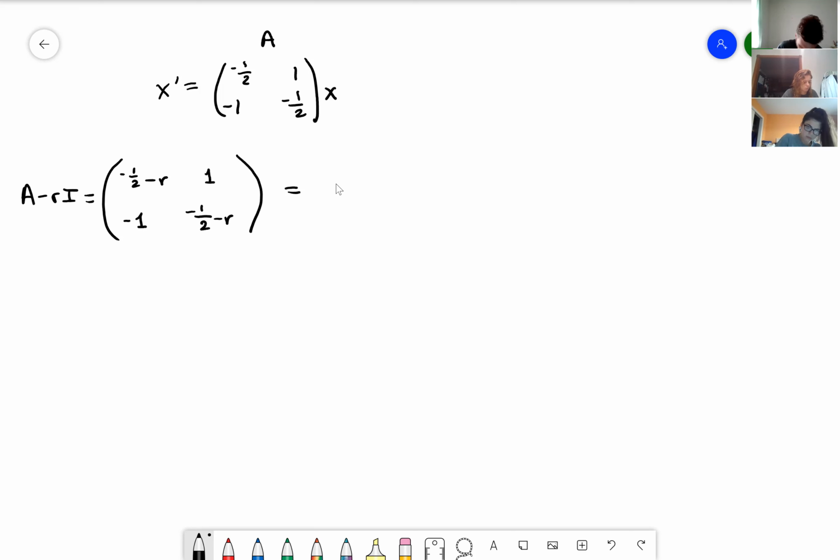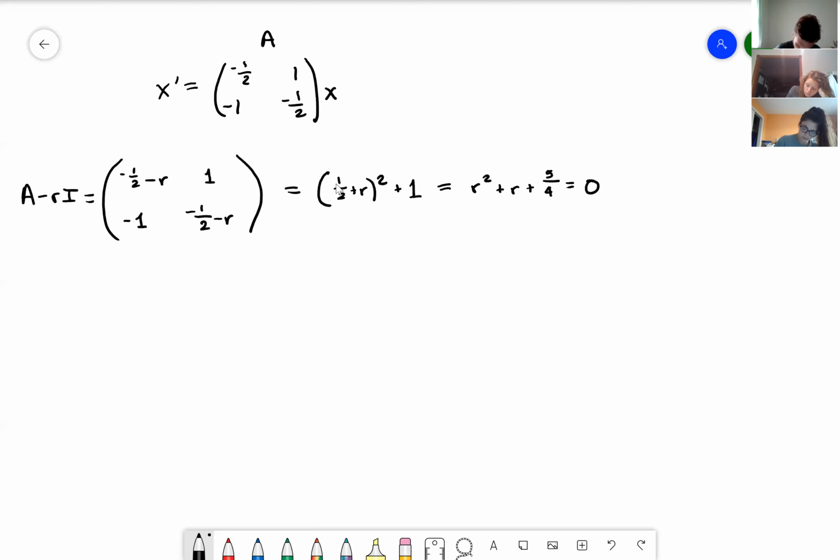So the determinant is equal to (-1/2 minus r) squared, which is just (1/2 plus r) squared, plus 1. So this is r squared plus r plus 1/4 plus 1. So that's 5/4. Equals 0.